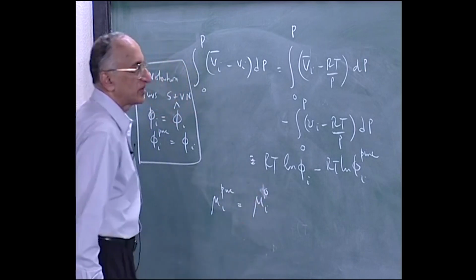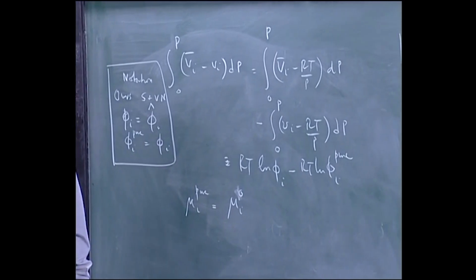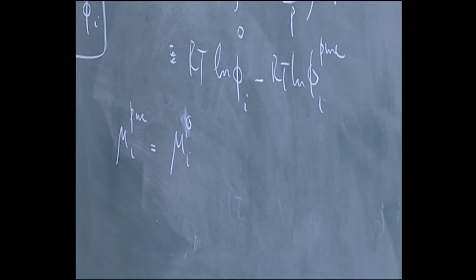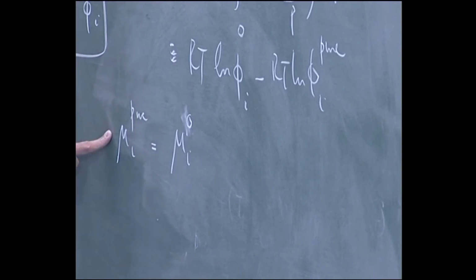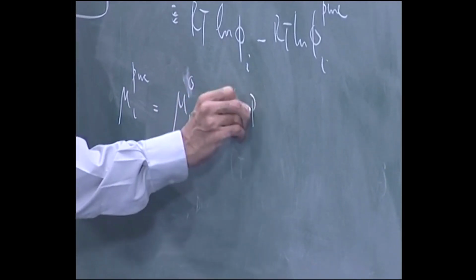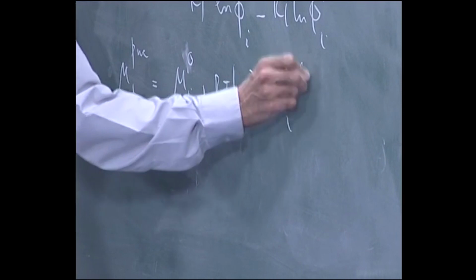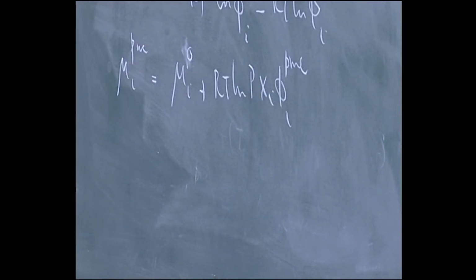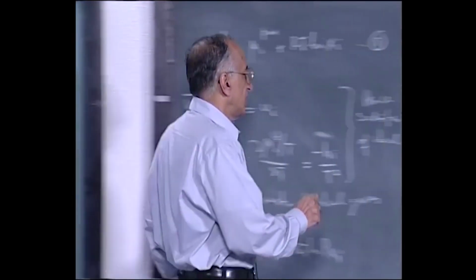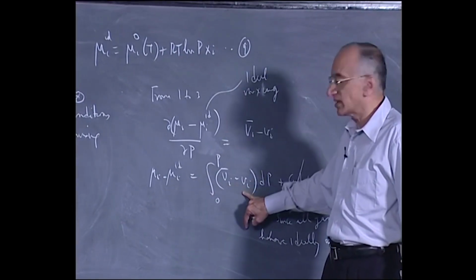I can just simply write mu I 0 because the notation I have used there is the chemical potential of pure I at the temperature in question and pressure equal to 1, plus, this should have been an ideal case, times Vi pure. Because if I did the same thing for the pure case, mu I pure minus mu I ideal pure would have been simply Vi minus RT by P.